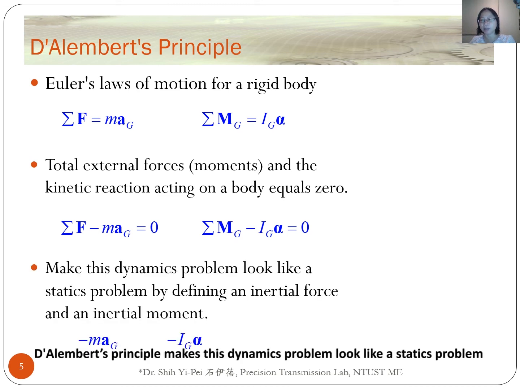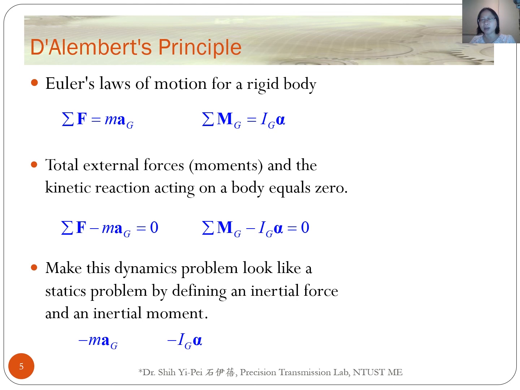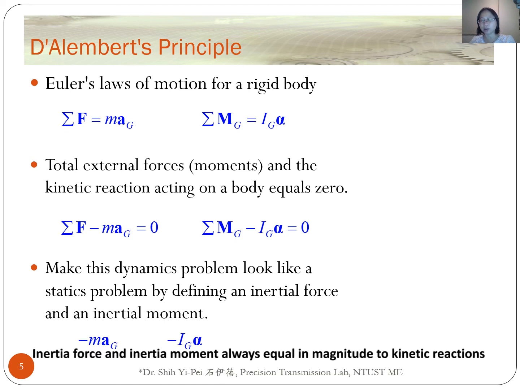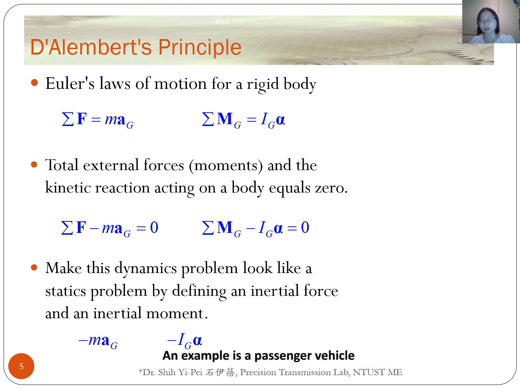D'Alembert's principle makes this dynamic problem look like a static problem by defining an inertial force and an inertial moment. The inertial force and the inertial moment are always equal in magnitude to the kinetic reactions, but in the opposite directions.